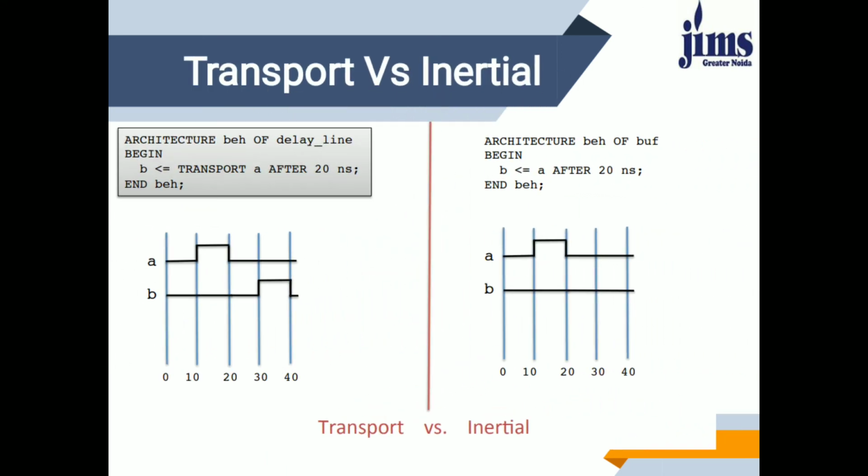Now, if we compare the transport delay with the inertial delay, transport delay purely transfers or shifts the output according to the delay, whereas in inertial delay, the output is generated after considering the pulse rejection limit as well as the delay.